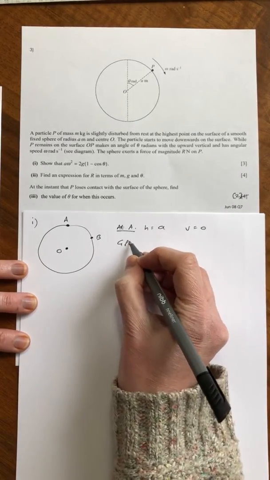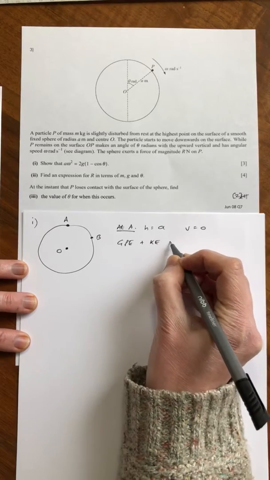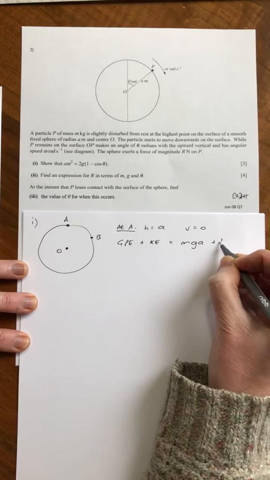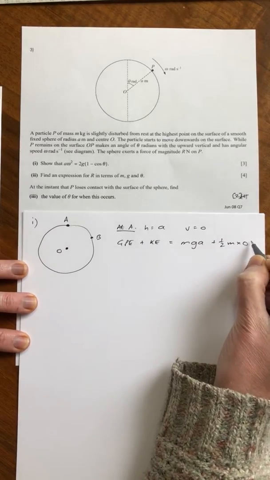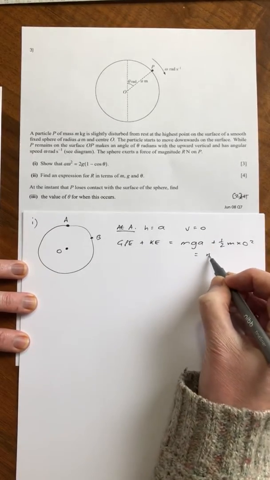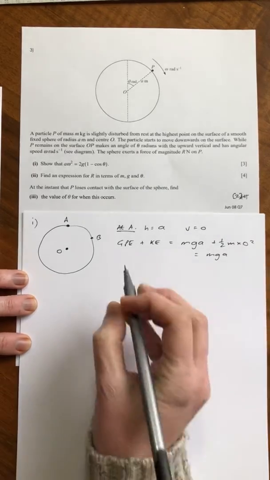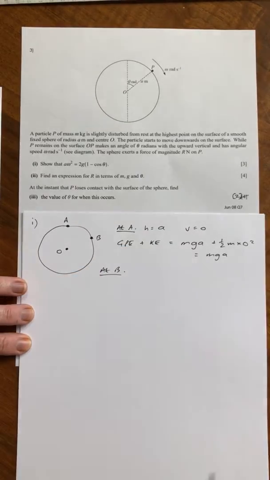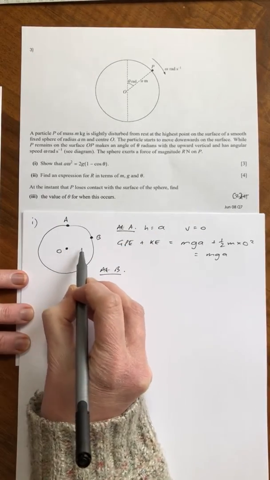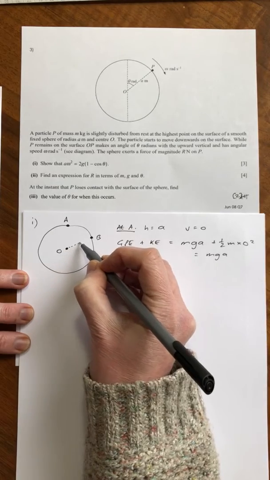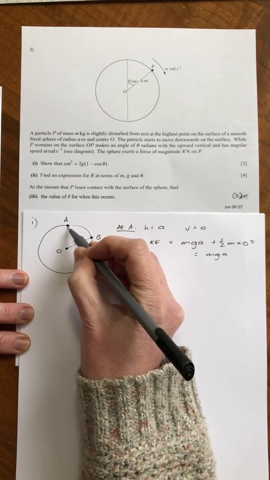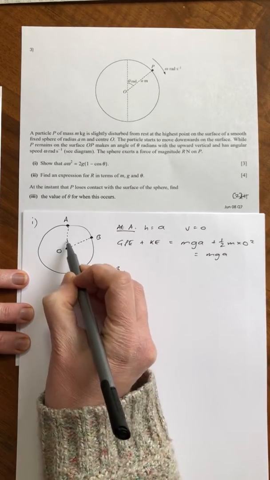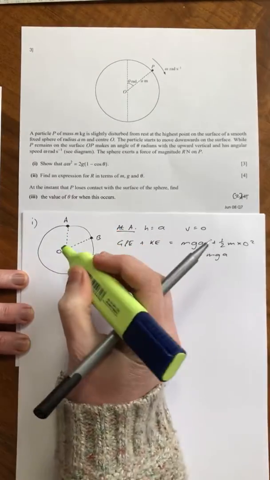So the gravitational potential energy plus my kinetic energy is equal to mga plus a half m times v squared, which is 0. So we just have mga. So for B, so B's here. Now, because I'm taking that as my 0 level, all I actually need to look at is that length there, which of course is equivalent to this length here.